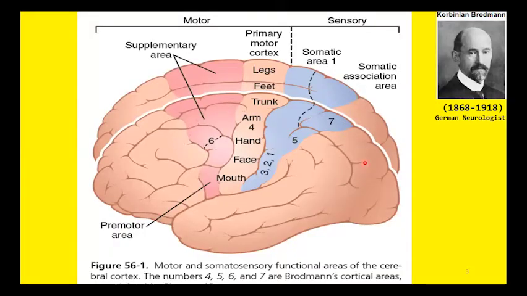You must have seen this figure before. You can see the lateral surface of the left cerebral hemisphere. Why can we say this is the left cerebral hemisphere? Because you can see the temporal lobe is pointing anteriorly. So this is the temporal lobe and it is pointing towards the anterior end.